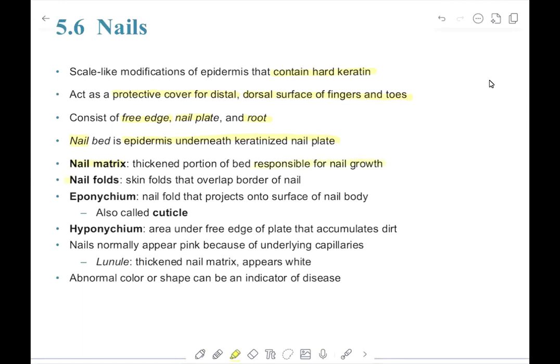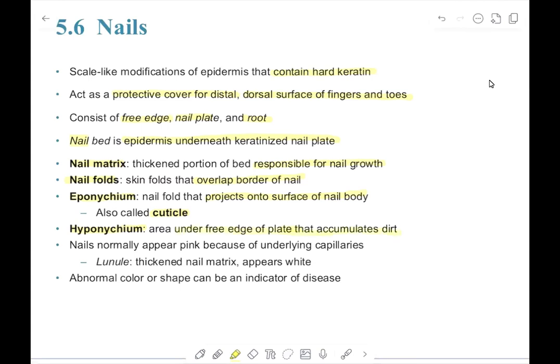The nail folds are skin folds that overlap the border of the nail. There's the eponychium, which is the fold that projects onto the surface of the nail body, also called the cuticle. The hyponychium, notice that prefix hypo, that's the area under the free edge of the plate that accumulates dirt.